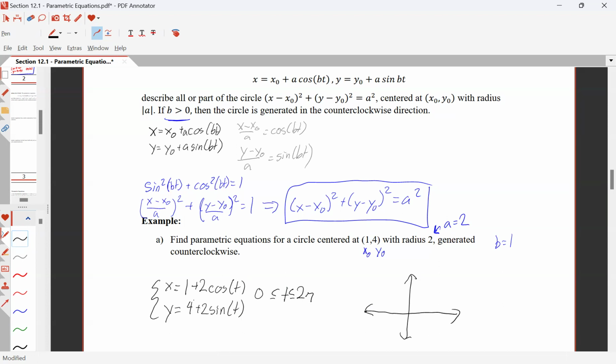So plotting some of these points, if t equals 0, we would have the point (3, 4). When t equals pi over 2, we would have the point (1, 6).